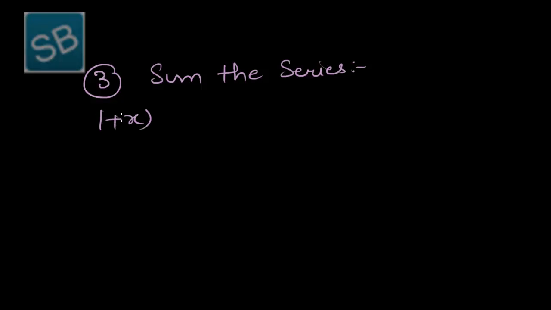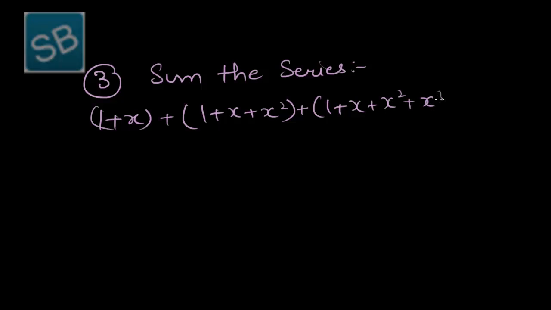Now the next problem is: sum the series 1 plus (1 plus x) plus (1 plus x square plus x cube) plus so on up to n terms, where x is not equal to 1.